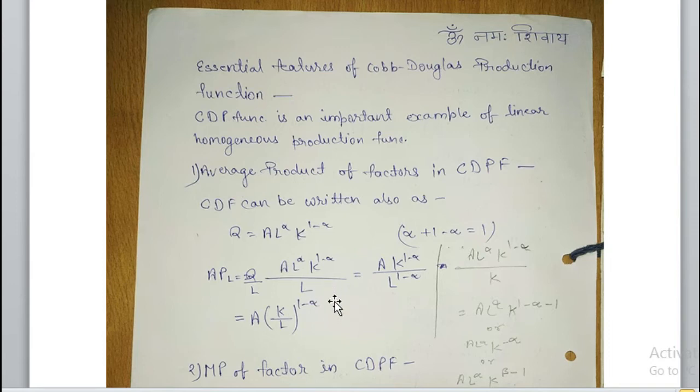Now you solve this. You bring A outside the equation, and you write K by L, and you bring this alpha in the denominator, and it becomes 1 minus alpha. So, you can put it in the bracket and write 1 minus alpha for this fraction, and you got the expression for your average product of labor.